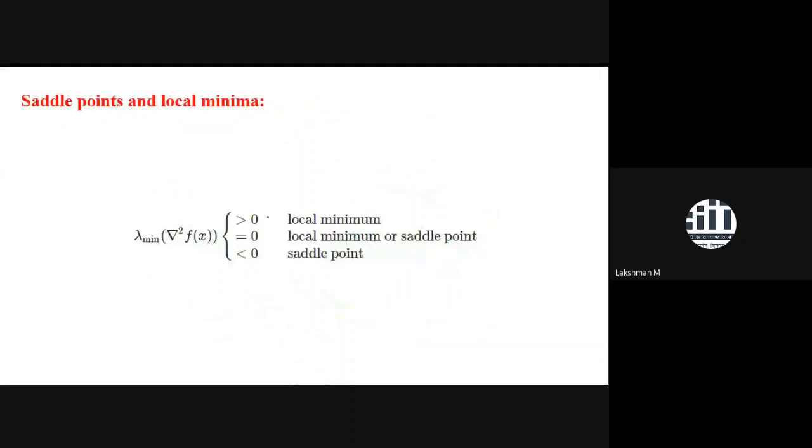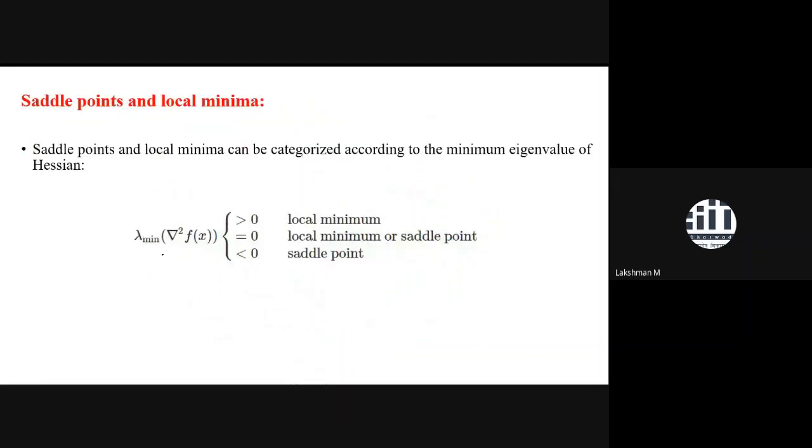One another definition I have discussed in terms of the eigenvalues of the Hessian. In linear algebra I might have discussed that if you take a symmetric matrix, suppose the Hessian is a symmetric matrix, that means the Hessian belongs to Sn, the class of all n by n symmetric matrices. If you find the eigenvalues of that symmetric matrix, you can always sort them in a proper ordering.